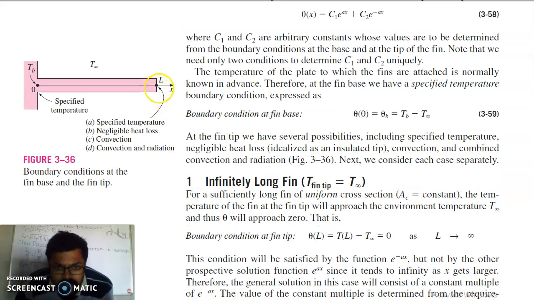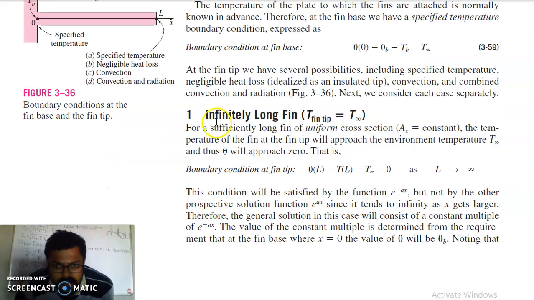The second condition we will get from the tip. At the fin tip we have several possibilities, including specified temperature, adiabatic tip, convection, and combined convection and radiation. So first we will take an infinitely long fin. For an infinitely long fin, we have T at the fin tip equal to T infinity. Means if the fin is very long, the temperature at the tip will become almost equal to the temperature of the surrounding.